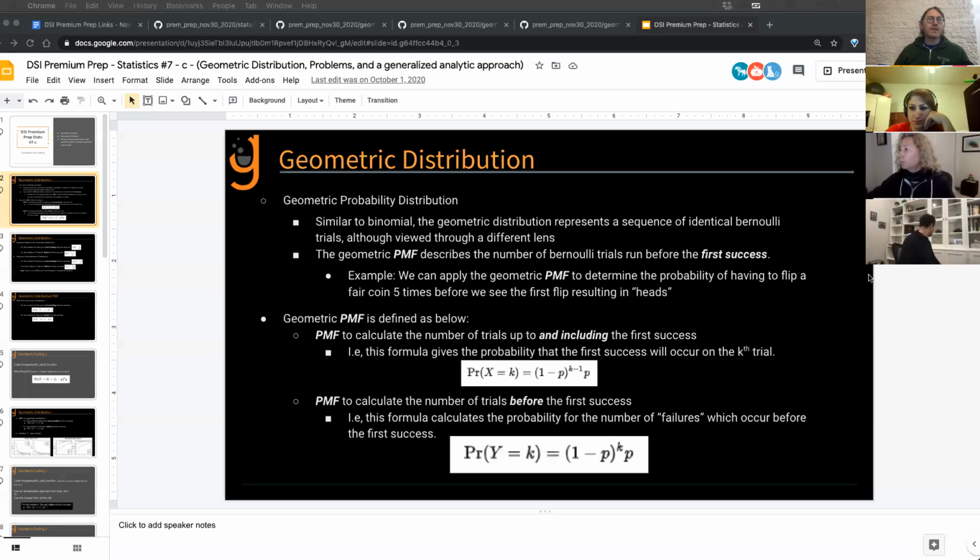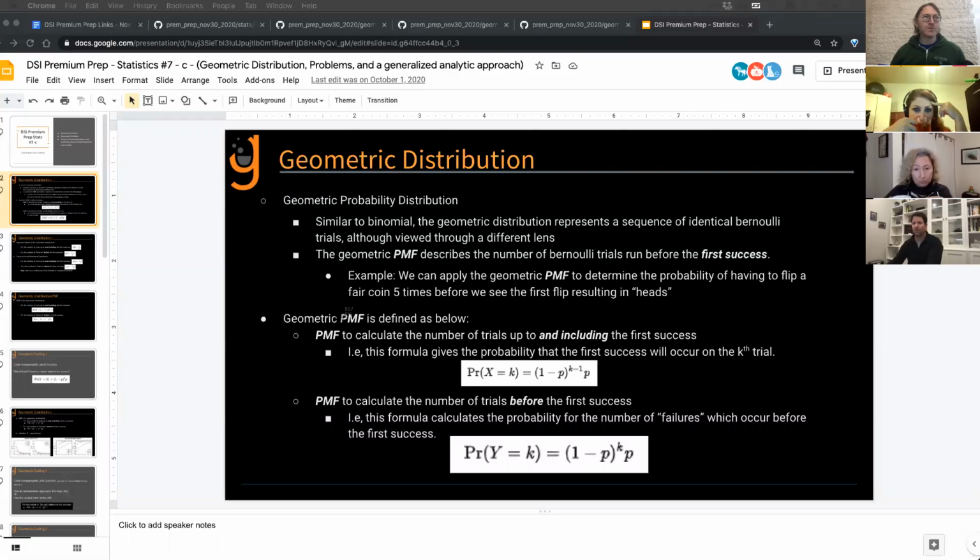When we're thinking about the geometric distribution, we're thinking about a series of Bernoulli trials, similar to binomial, but there's a difference here. In this case, we're considering the number of failures up until some success. And so K here represents the number of failures up to and including the first success, or up to but not including the first success.